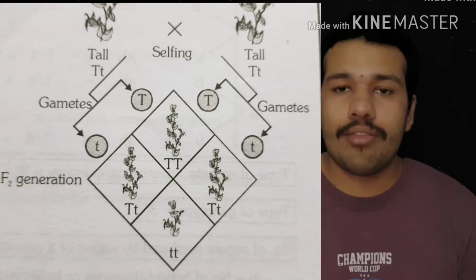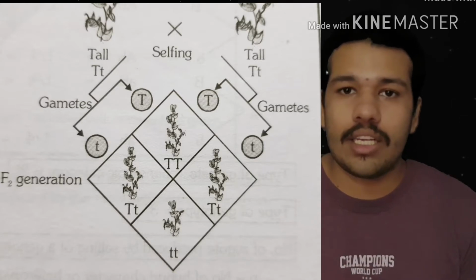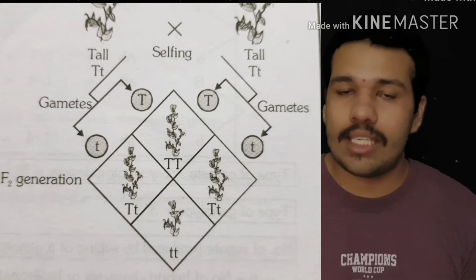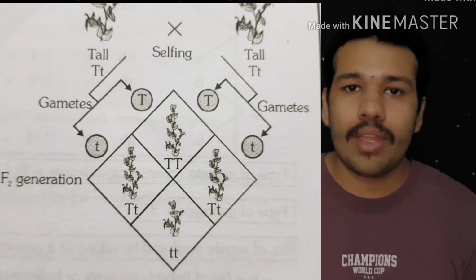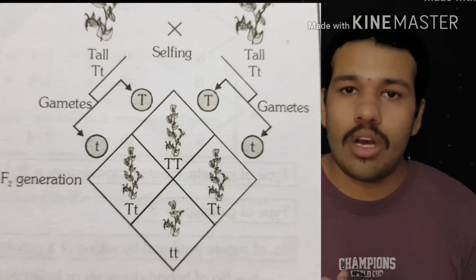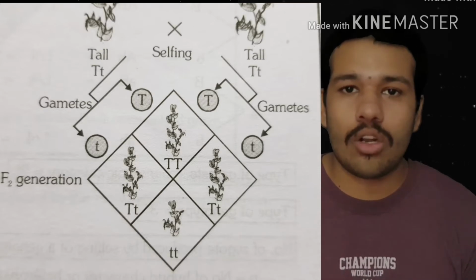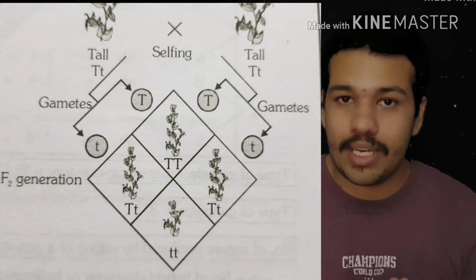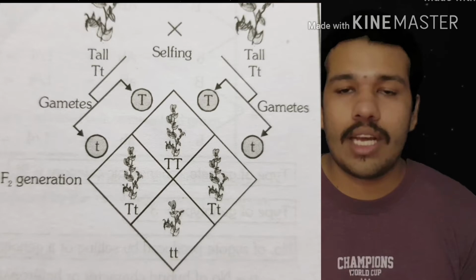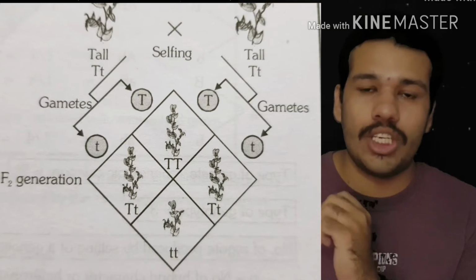Now if we try to draw a Punnett square around here and do the same test, we see that the F1 generation is all heterozygous tall. But hey, why wait here? Cross two of those and we get this chart.